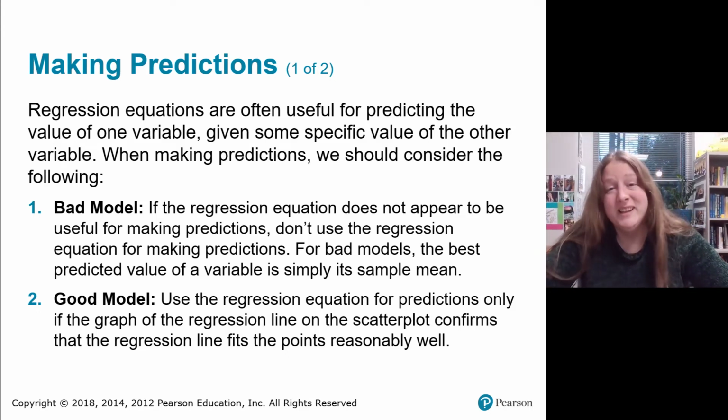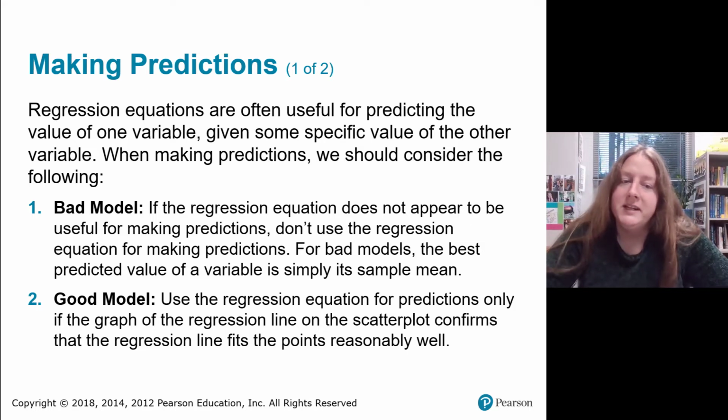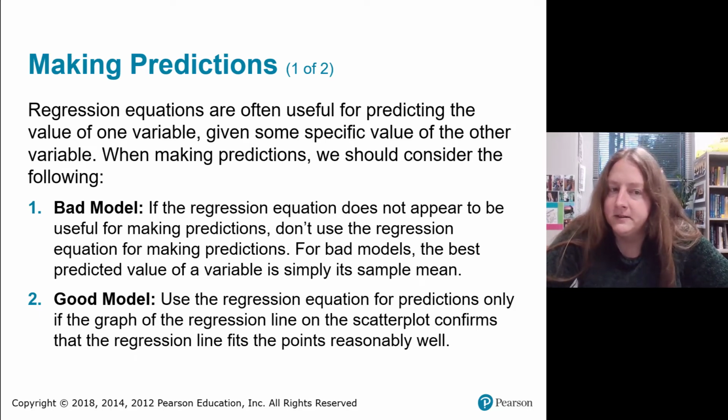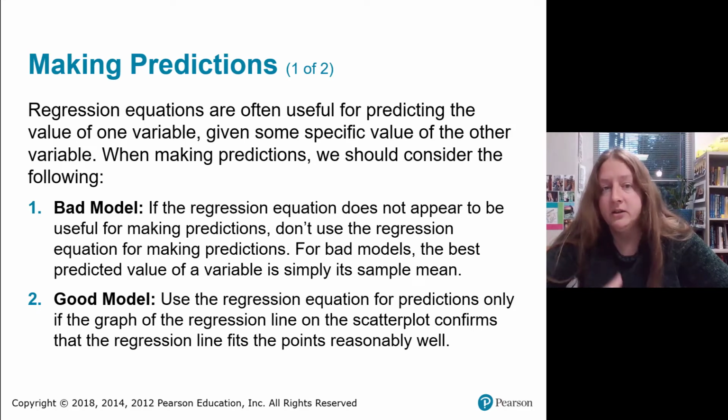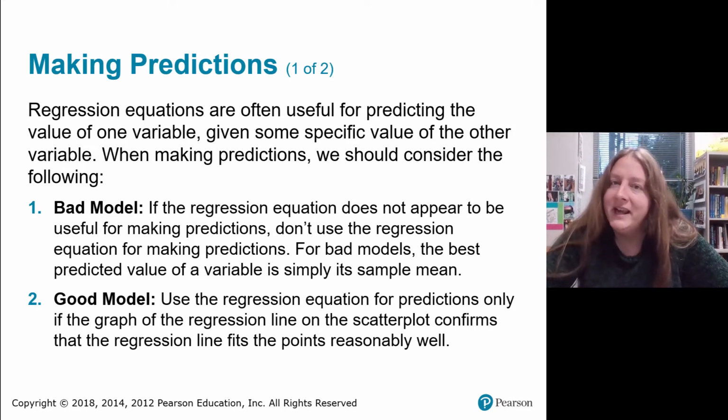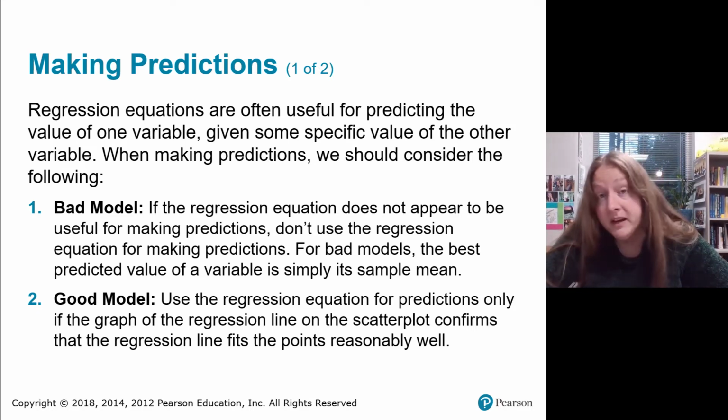So really the whole point in finding a regression equation is to be able to make predictions. So let's talk about whether we should or not and when we should or not. So we need to consider whether our model is good or bad. So you take a look at your scatter plot, you take a look at your regression equation on it, and you say, hey, that looks pretty good. You probably have a good model.